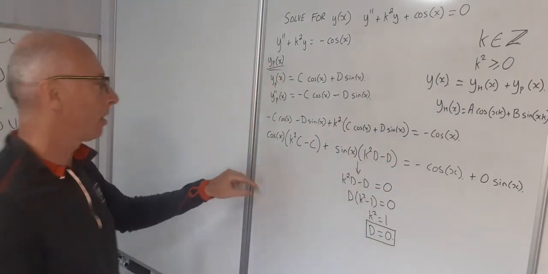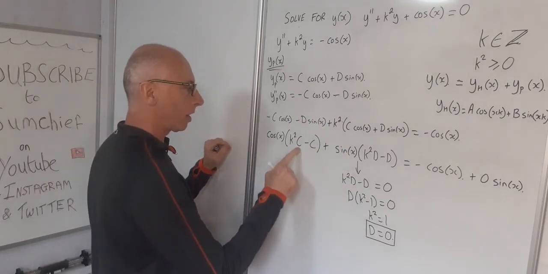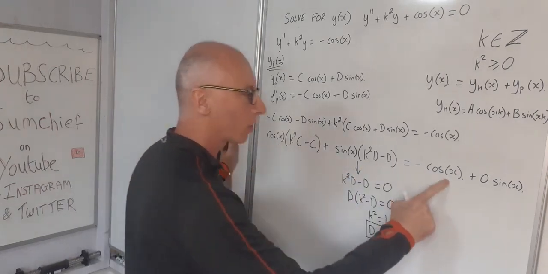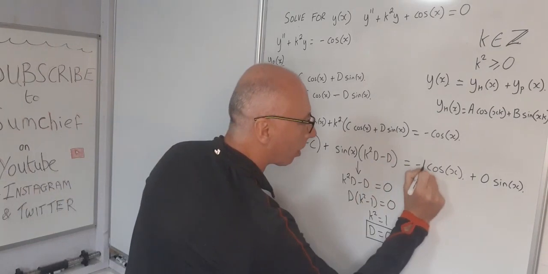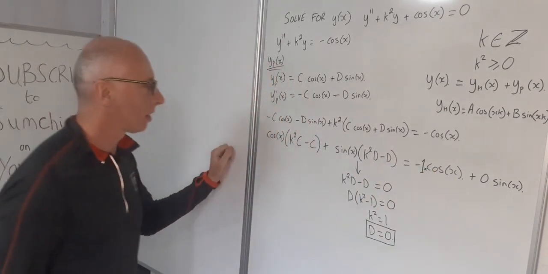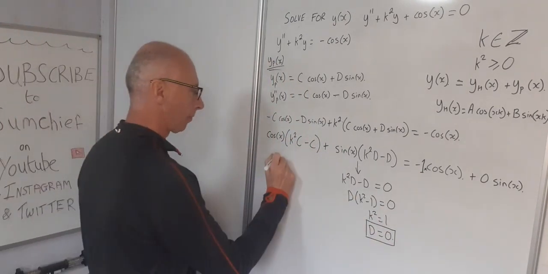Okay, let's do the same on this side. So here I've got cosine times k squared c minus c. The number of cosines on this side must equal the number of cosines on this side. So on this side, I've basically got a minus 1 cosine of x. So k squared c minus c must equal minus 1.